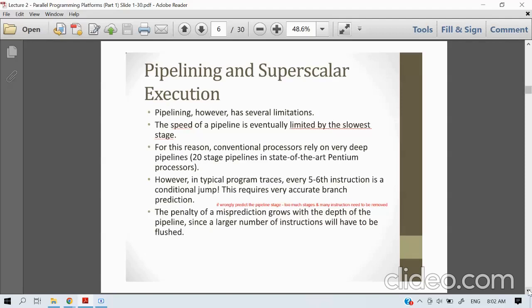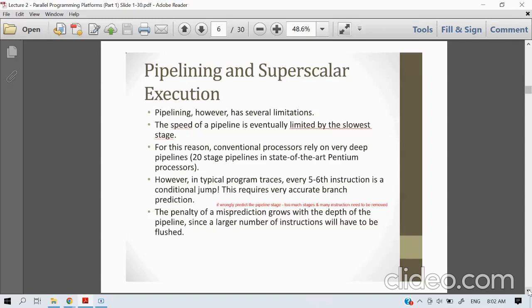So let's say we have 20 stages of pipeline instructions. Maybe at the fifth or sixth instruction, there is a conditional jump whereby the instruction needs to be skipped to another instruction, with no need to follow step by step, because maybe that instruction depends on the data processed by the previous instruction. So that's why it needs a conditional jump.